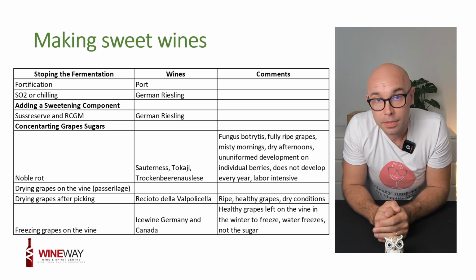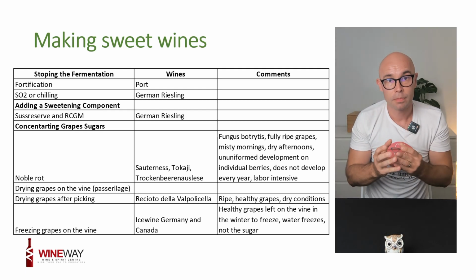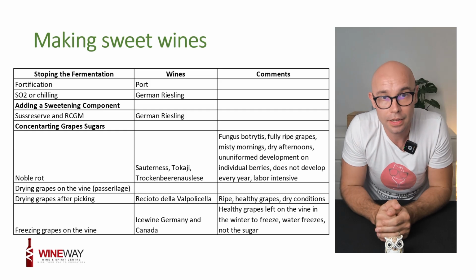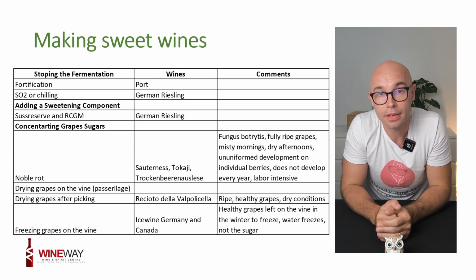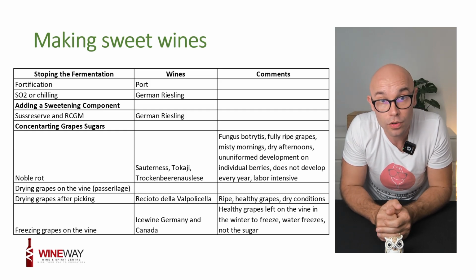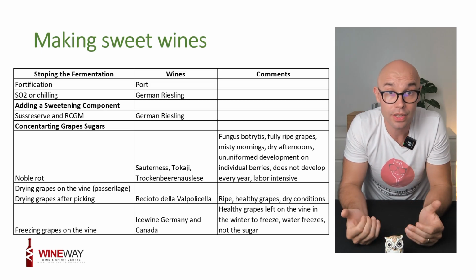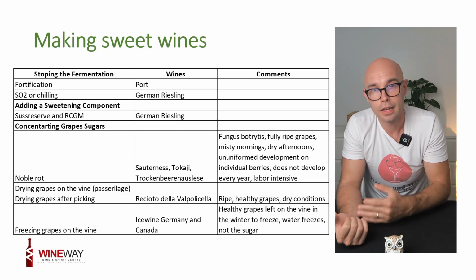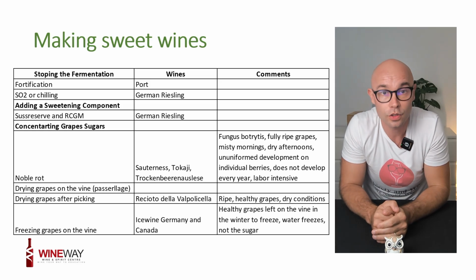When the rot develops, it affects the grapes. It makes small incisions inside the grape, and allows the water from the grapes to evaporate, which concentrates everything else: sugar, acidity, and also flavor.